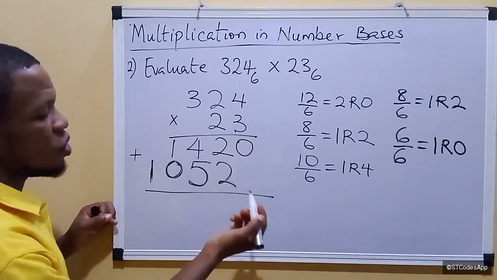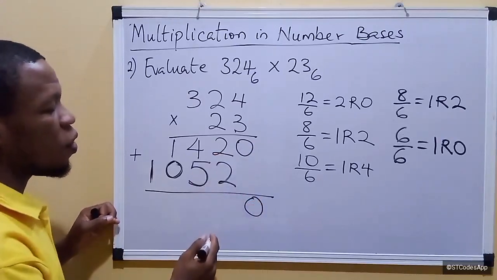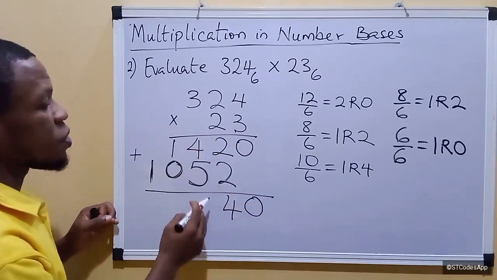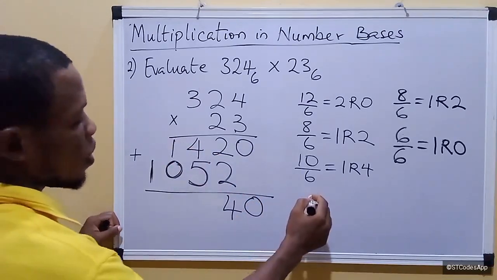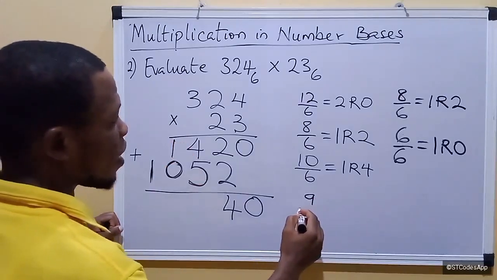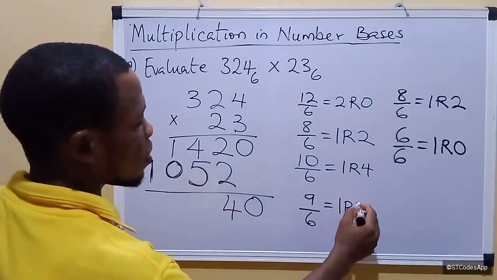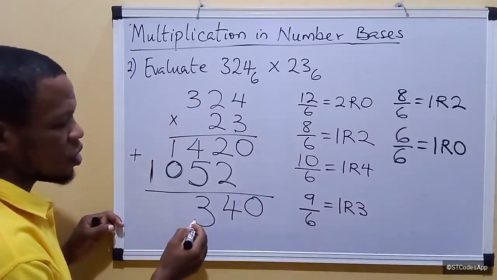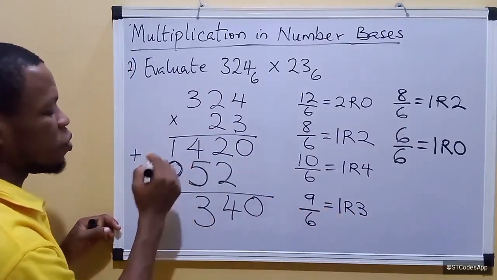Now we are going to add in base 6. Here we have 0, it's not up to the base, so we bring it down. 2 plus 2 is 4, it's not up to the base, we bring it down. 4 plus 5 is 9, it is greater than the base, so we divide. We have 9 divided by 6, gives us 1, remainder 3. So I'll write down my remainder 3 and carry over 1, the quotient, the main answer, over here to be used.